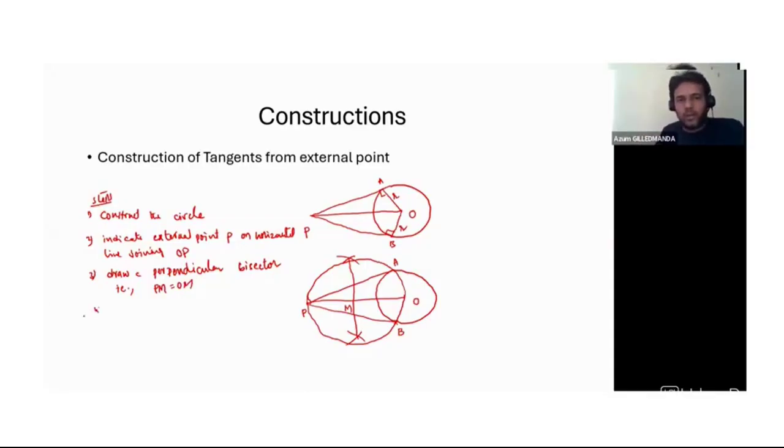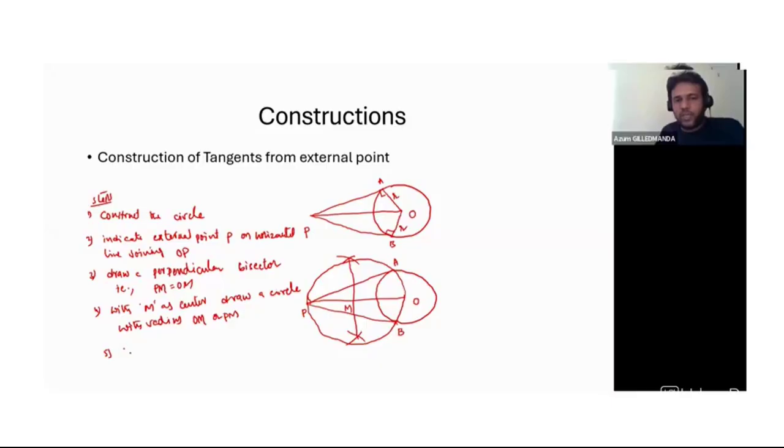Now, with M as the center, draw a circle with radius OM or PM. As it's the midpoint, both are the same, right? With that radius, with M as the center, we draw another circle.